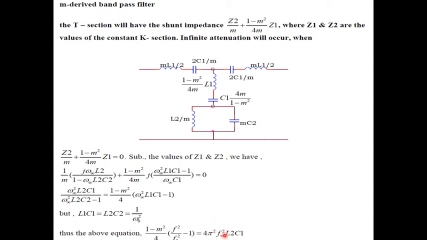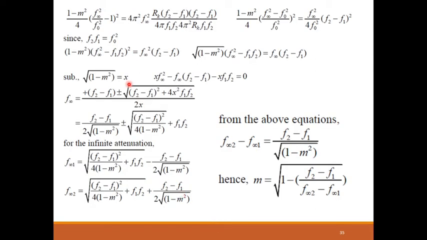So the final expression: (1 minus m square) by 4 into (f infinite square by f naught square minus 1) whole square should be equal to 4 pi square f infinite square Rk, then (f2 minus f1) divided by 4 pi f1 f2, so 4 pi square Rk f1 and f2. See, this we obtained from the constant K filter.